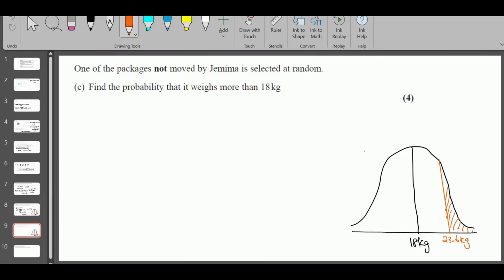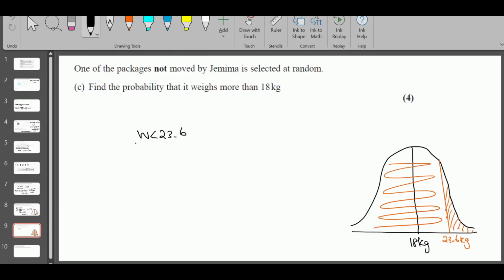So if it weighs less than 23.6, that's not moved by Jemima, correct? So if W, the weight, is less than 23.6, that's not moved by Jemima. That's a condition, because we are taking a package from the ones not moved by Jemima. Find the probability it weighs more than 18.